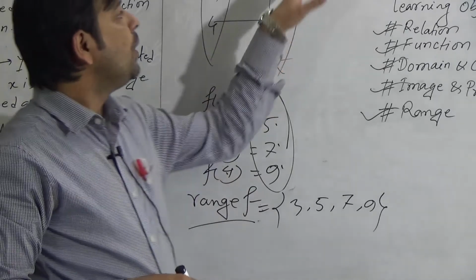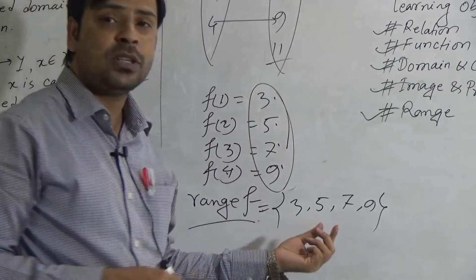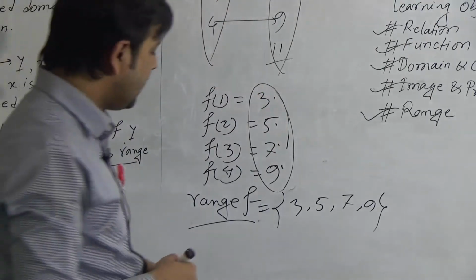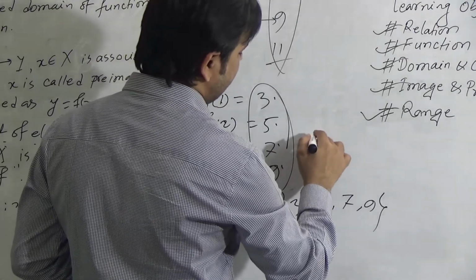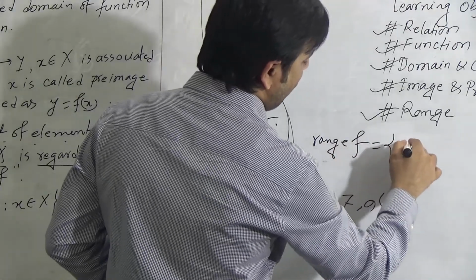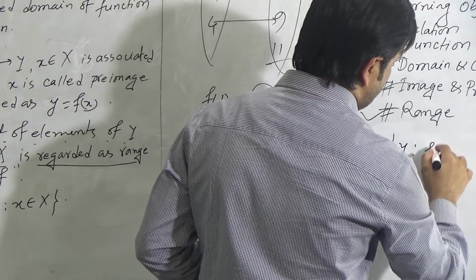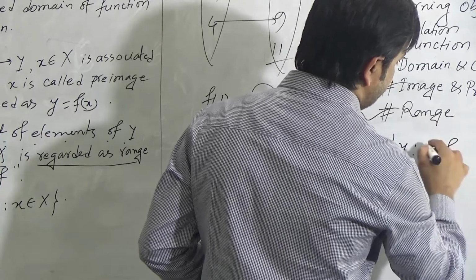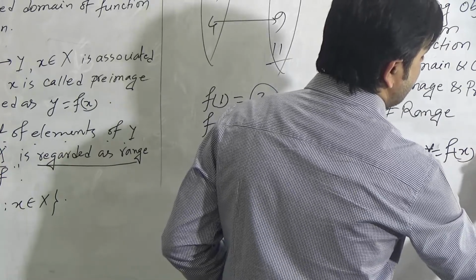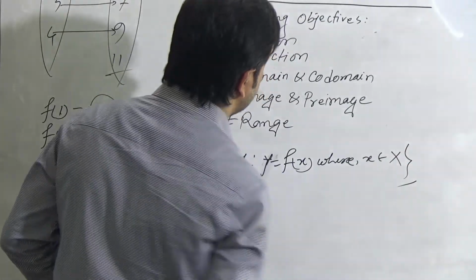In case of codomain, we have to consider all the elements of Y, but in case of range, we take only the elements which are images of X. For this, the range can be denoted by range f equal to the set of all y such that y equals f(x), if our function is f, where x belongs to X. It means X is the domain here.